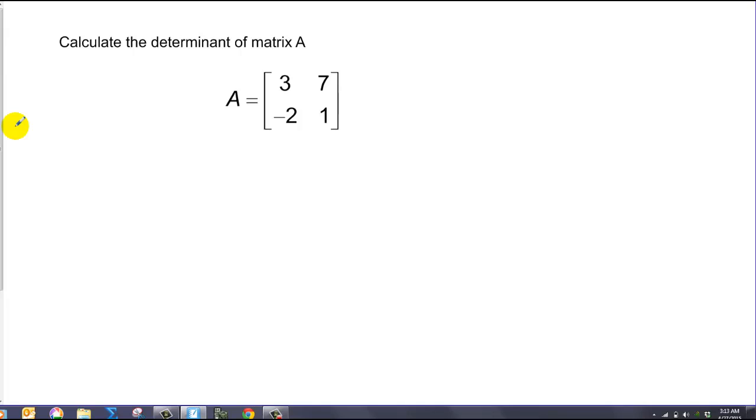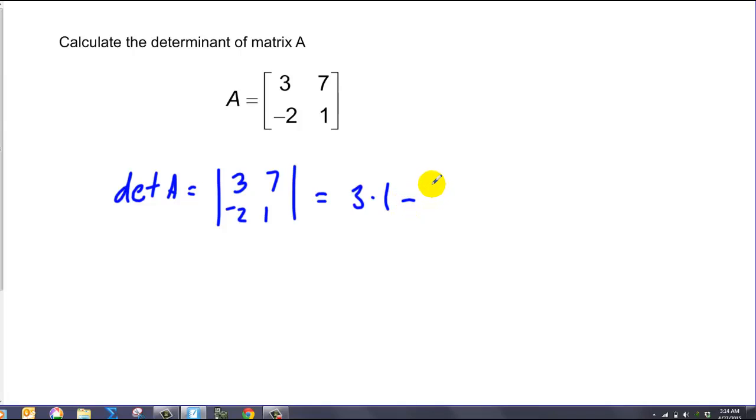If I take a look at an actual calculation, we want to find the determinant of matrix A. That's going to symbolically look like this. And again, we just take our cross multiplication. So in this case, I have 3 times 1 minus negative 2 times 7.